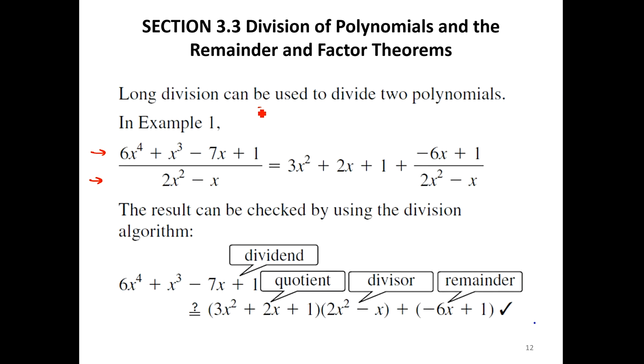If we have A over B, we put A here and B here.